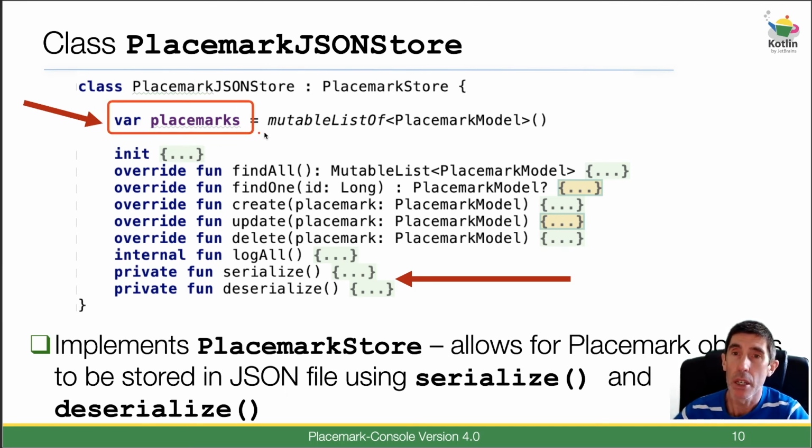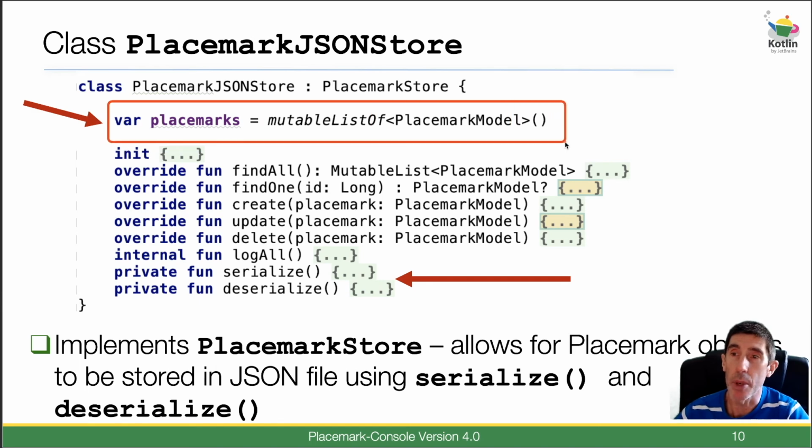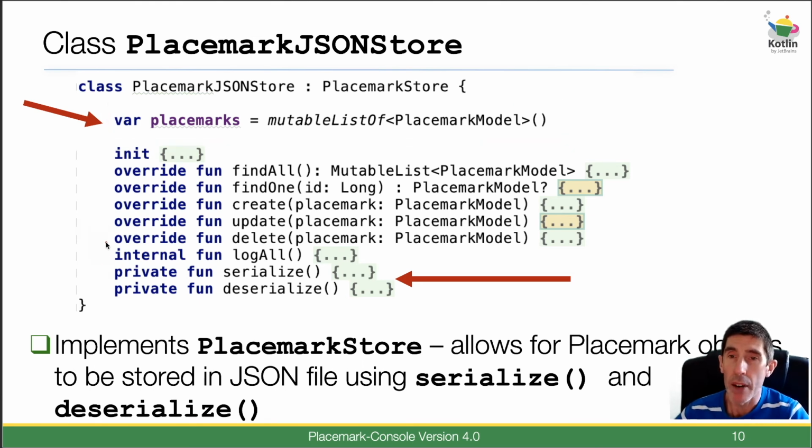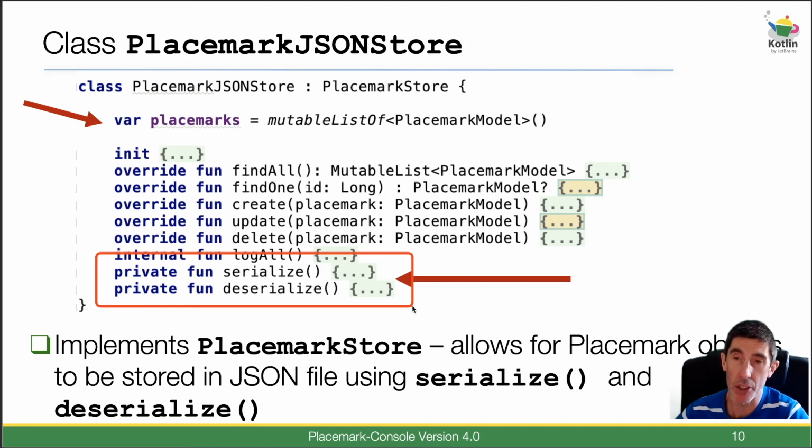Where we initially had basically a simple array list, we now have a mutable list. That's relevant because we're going to be writing this to file, so when changes are made we might want to store those out, so we need that to be changeable. We have a few extra functions down here to carry out the specific serialization and deserialization, so writing out to disk and reading back in from that JSON file.